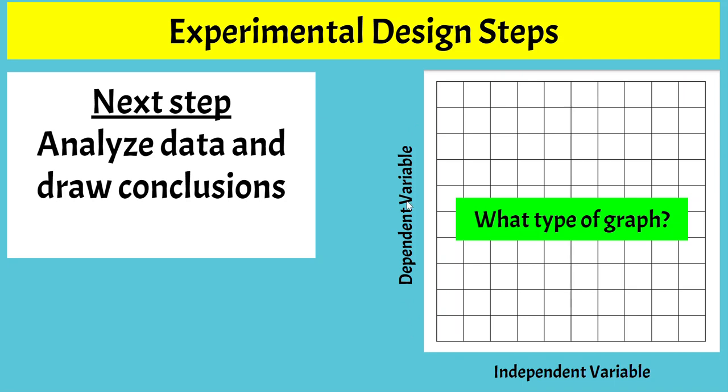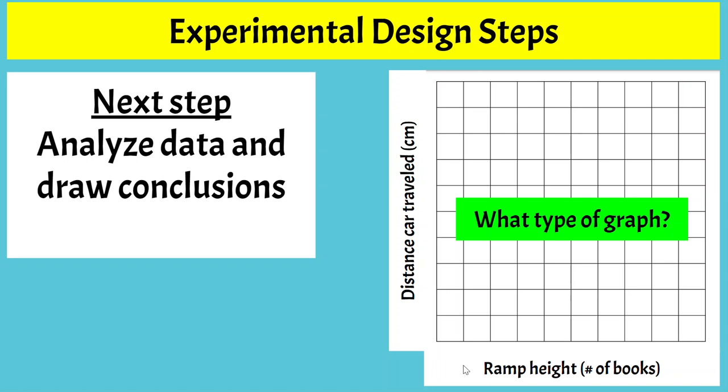The dependent variable on the y-axis is always going to be the thing that you're measuring. It's how your test subject responded. What did you measure? So in our case, again, x-axis was ramp height, or the number of books, and y-axis was the distance the car traveled. Be sure that you put your units. So in this case, we use centimeters, and typically scientists are going to use metric.